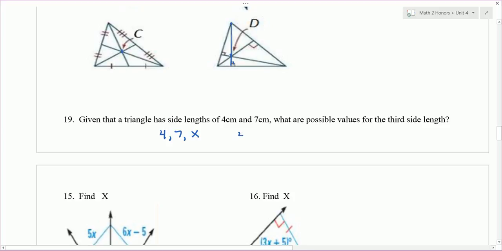If that's the case, then we need 4 plus 7 to be greater than x. 4 plus 7 is 11, so x must be less than 11, or 11 must be greater than x. And then second case is when x is not the largest, which would make 7 the largest. And using the triangle inequality again, we need 4 plus x to be greater than 7. Subtract 4 and you get x needs to be bigger than 3.